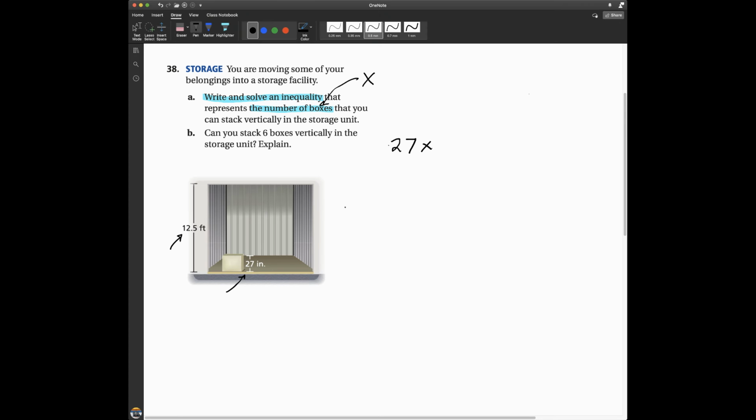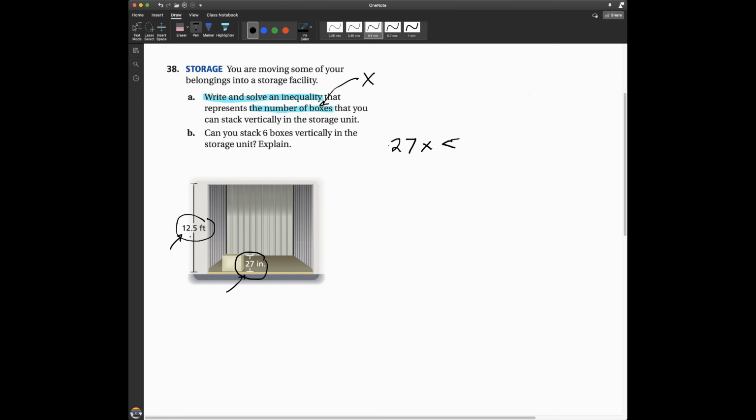And that stack of boxes has to be less than 12.5 feet. So one of the things we have to do is I'm working in different units here. I have inches and feet.